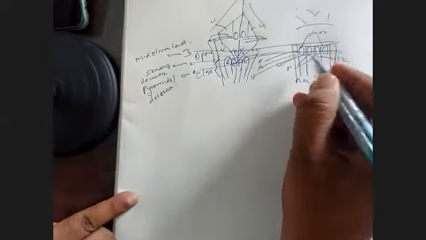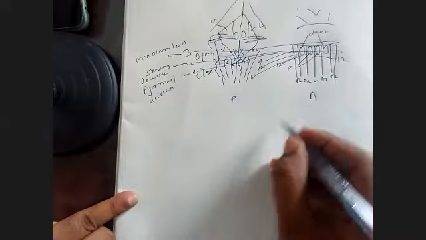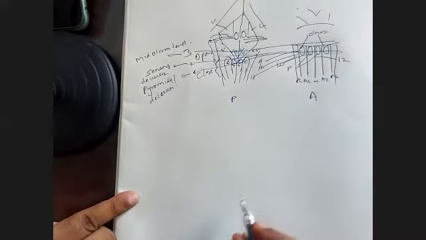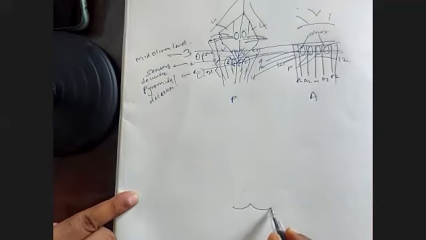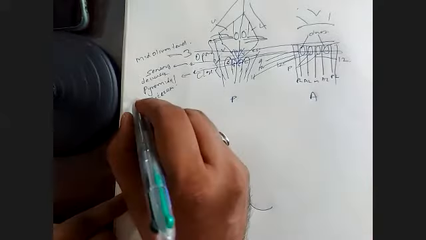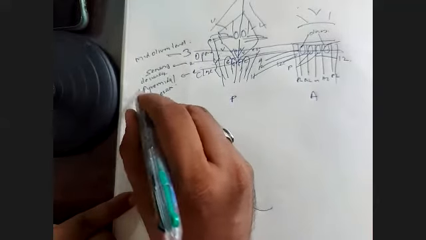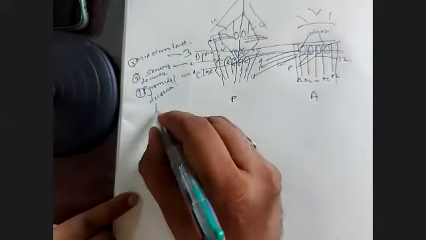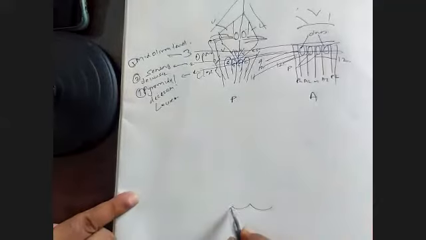So let us start with the section of pyramidal decussation. This is the anterior aspect, this is the posterior aspect. Whenever I'm drawing the anterior aspect, firstly I will draw the pyramids. Olivary swellings are not seen. This is the lowest section, so here we just see the pyramids.